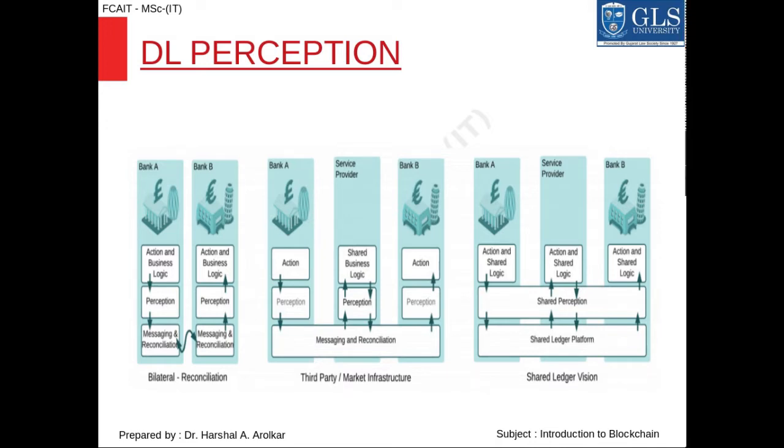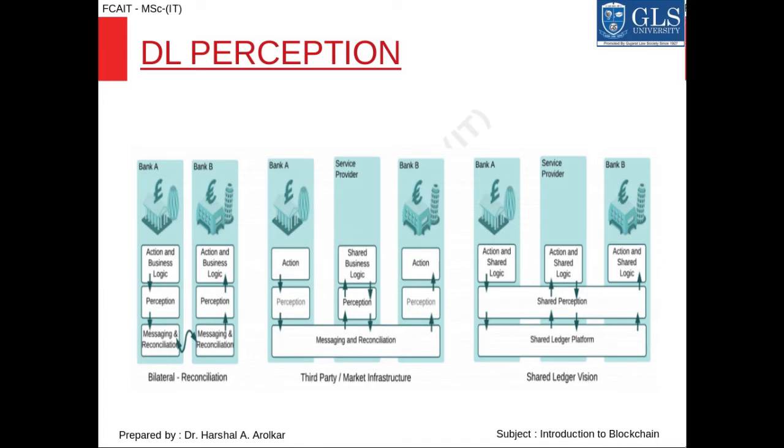This service provider now has been given the capacity to store the data that is required for actions or requirements of bank A and bank B. Some of the important decisions will be taken by the service provider, and it also has a delegation of control and certain responsibilities.